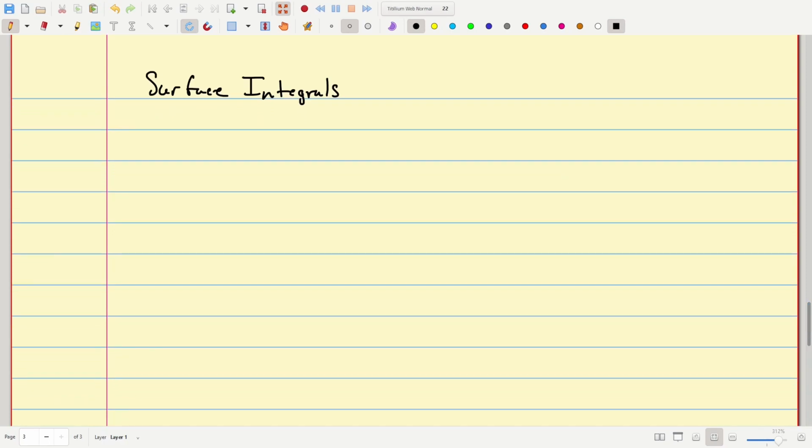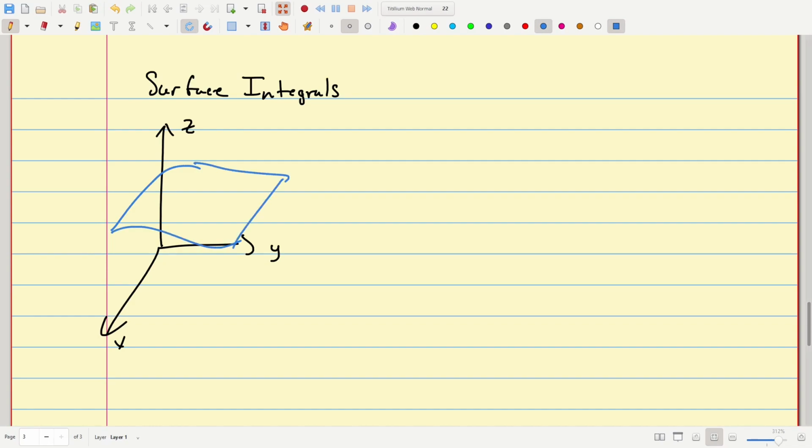All right, so we'll say this is an informal discussion of section 16.7. So the idea is like so. We have some kind of surface. And on this surface, we're going to be looking at some little patch.